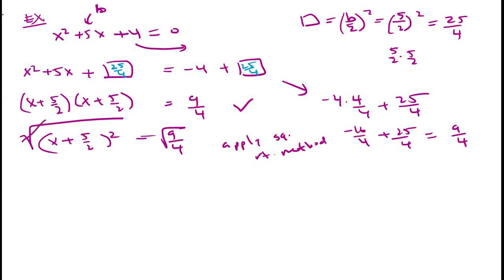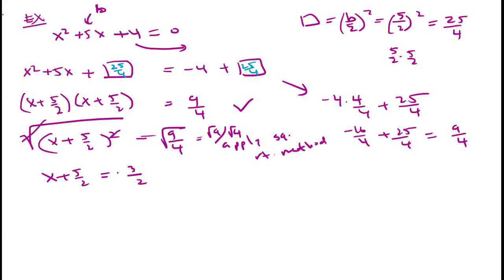The radical and the square cancel, giving us x plus 5 over 2. And the square root of 9 over 4: the square root of 9 is 3, and the square root of 4 is 2. I can break that down to square root of 9 over square root of 4. So that gives us 3 over 2.